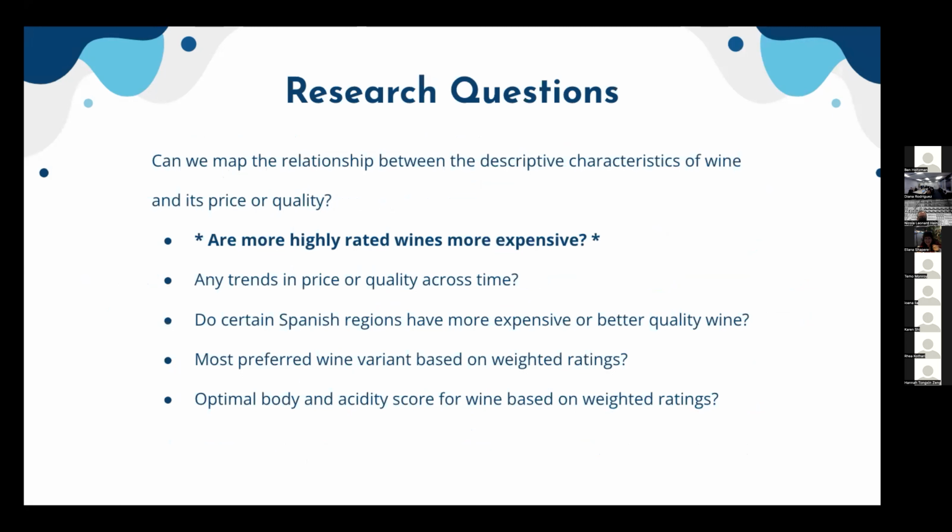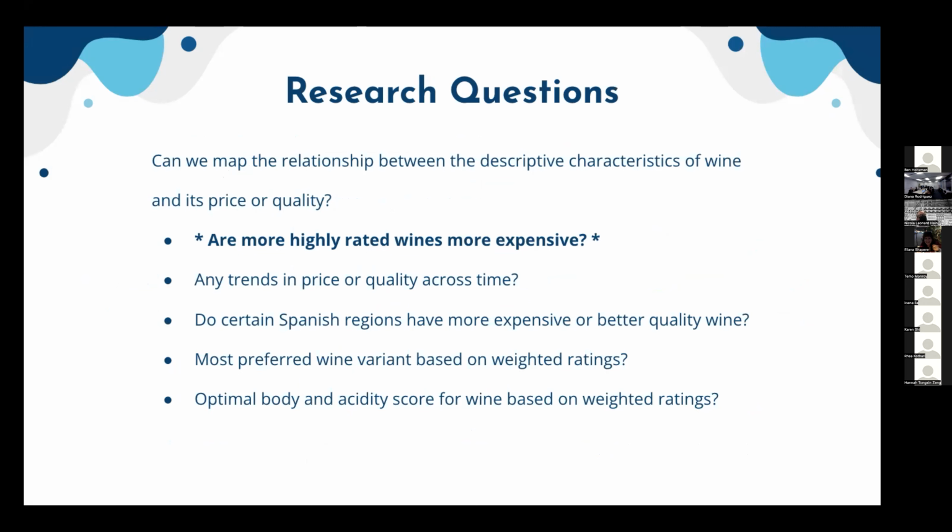These are some research questions I wanted to explore from the data set, extracting the 2 columns of price and ratings. I was focusing more on: are more highly rated wines more expensive? I wanted to see if there is any way to sonify and visualize that data.